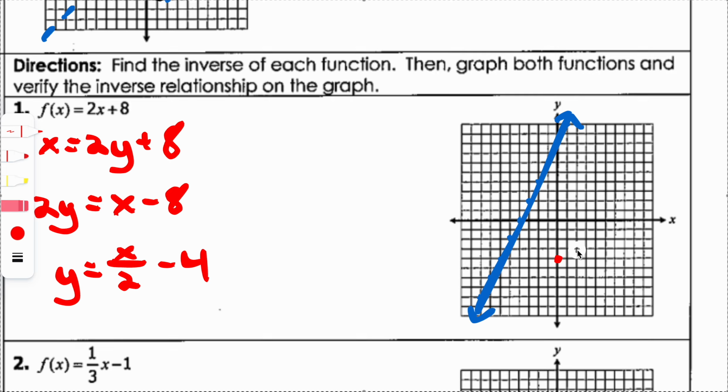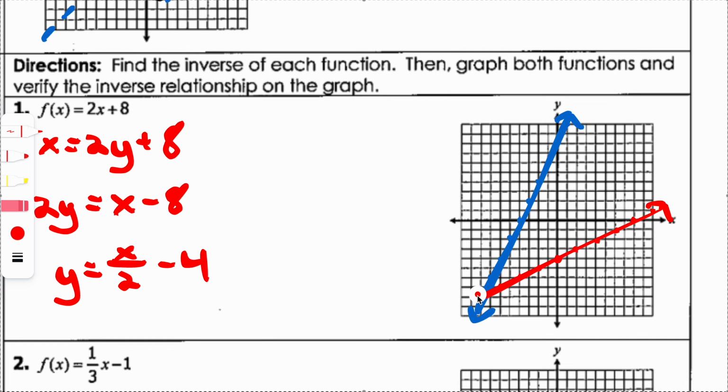So that means we're going to get something that looks like this. Okay, great. Yeah, okay, perfect. And now we just want to connect the dots. Something like that.